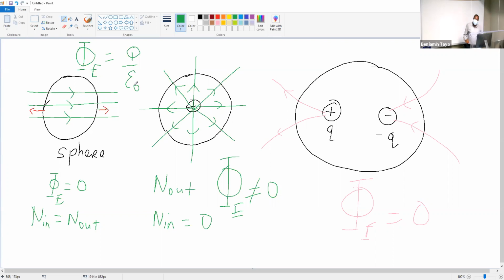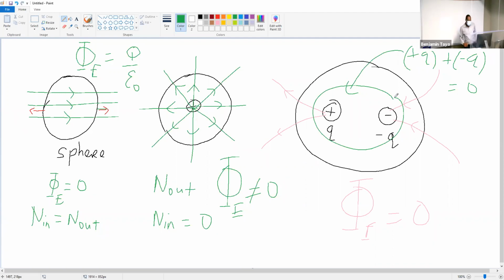So you can see that when you use this equation for the homework problems, the total charge inside this volume is plus Q plus negative Q, which is equal to zero. Because the total charge inside the volume is zero, when I calculate the flux, I get zero. Now, in this case here, if the charge is Q here, then the flux is just going to be the charge divided by epsilon naught.